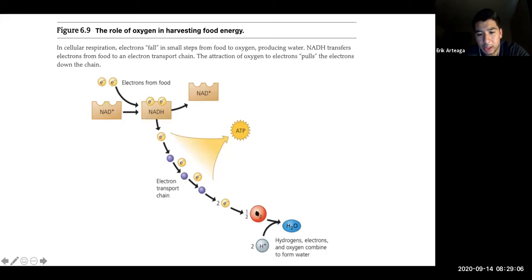Oxygen is going to be utilized in this pathway in order to have an attractive force that'll pull these electrons in this pathway. You have all of these enzymes here, these cytochromes that are going to be passing these electrons off. And during this pass of electrons, you have the pumping of protons out of the inner membrane of that mitochondria.